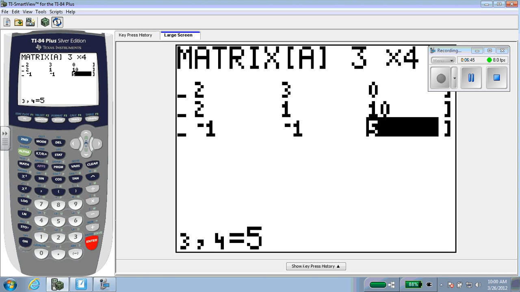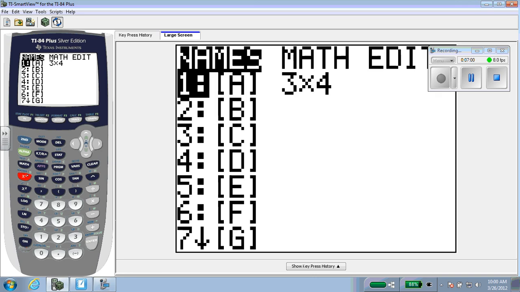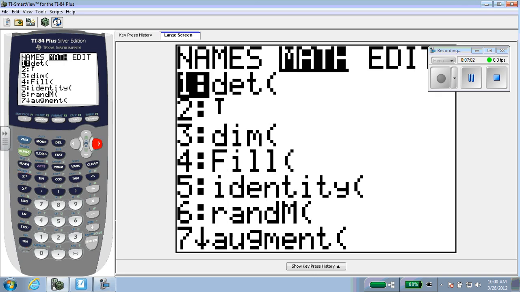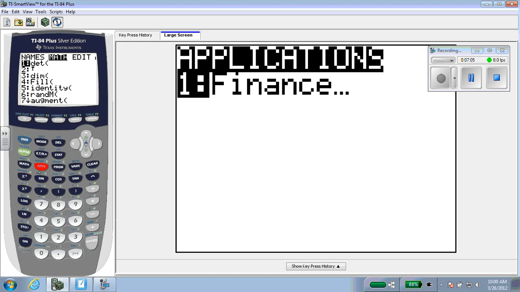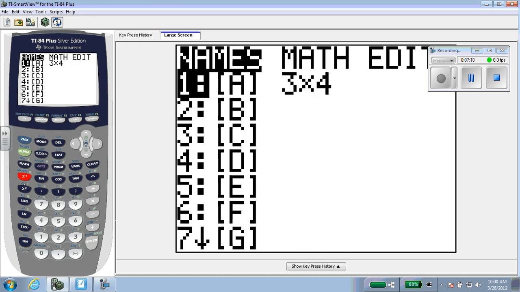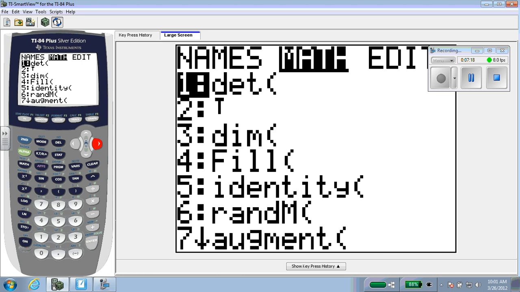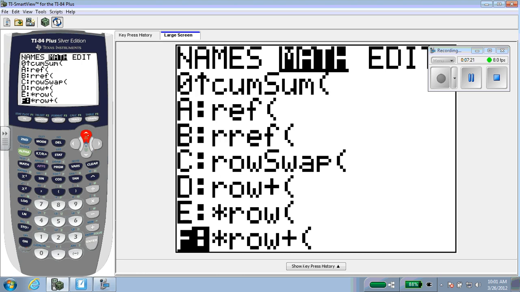Okay, and now we're going to quit out of this. And we're going to go to Matrix, Math, and I'm going to go to B. My calculator is not wanting to behave.